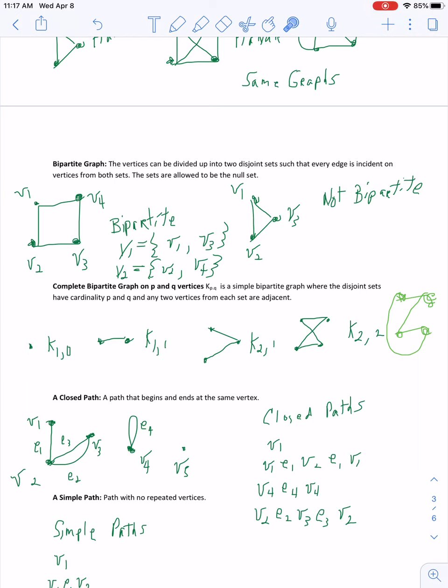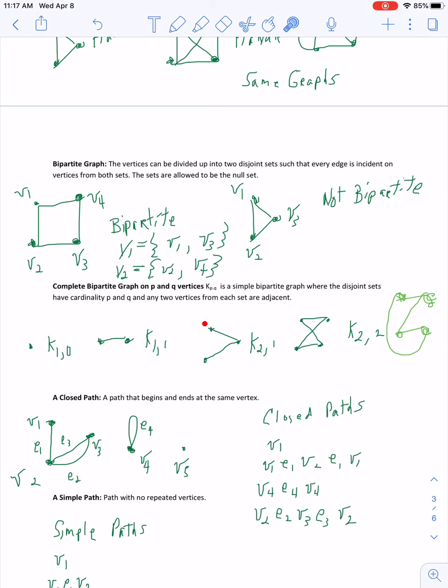But it need not be, and this is unfortunate, it need not be complete. It's as complete as you can get and still be bipartite. If you want an example of that, look at this graph. The complete bipartite graph on 2 and 1 vertices looks like this. Notice it is not complete.